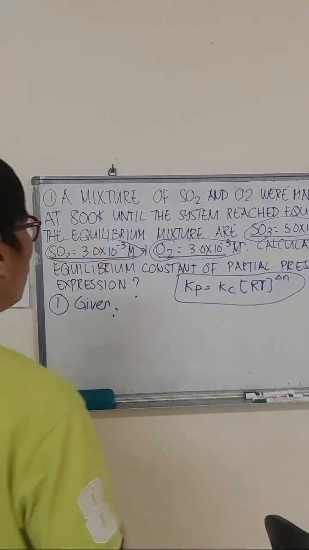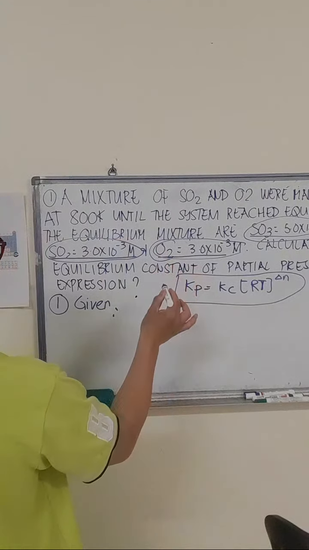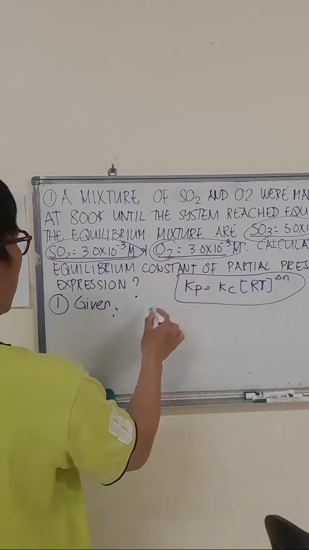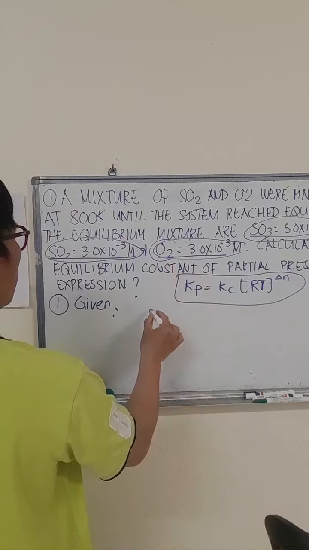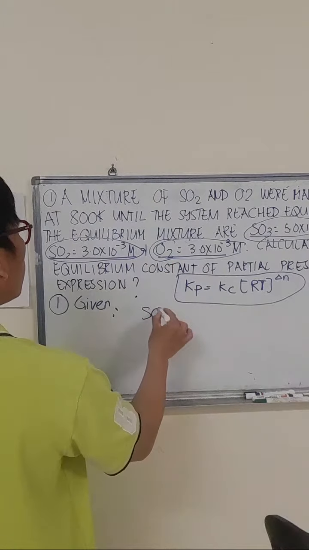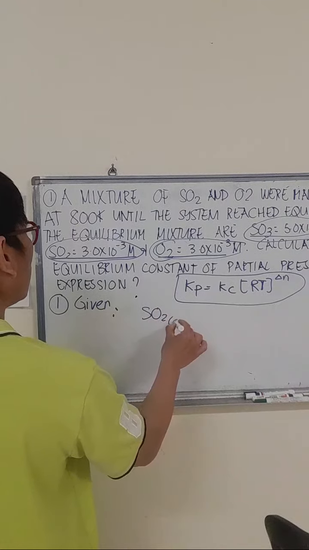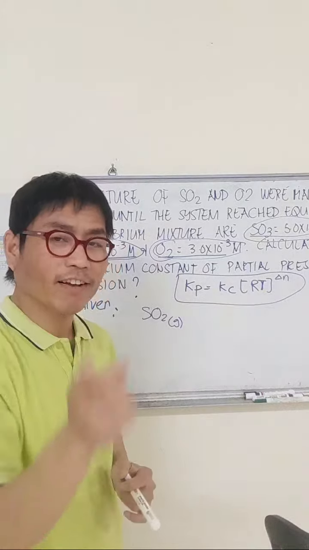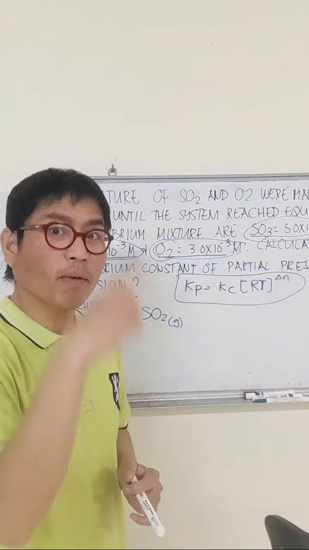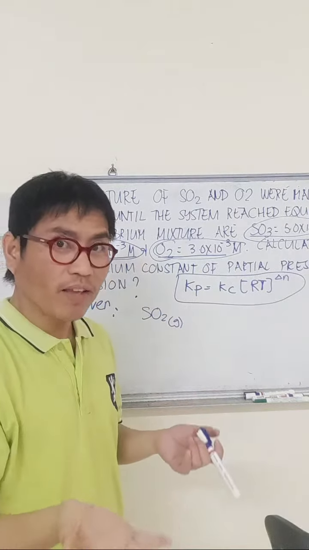Okay, now we have the chemical reaction of SO2, sulfur dioxide, this is gas, right? Like that, subscript and then open and close parenthesis, the state or the phase of matter.